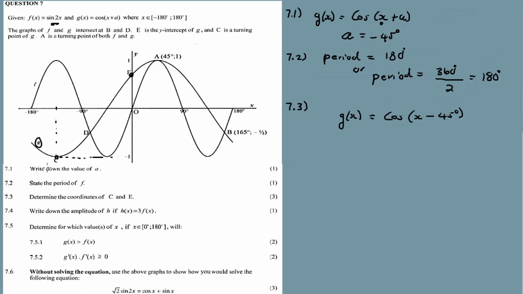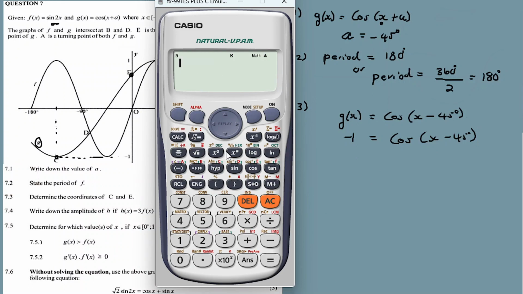Let's start off by calculating the coordinates of C. You substitute y with minus 1. So y is minus 1, which is cos of x minus 45 degrees. Shift cos negative 1, which is equal to 180.